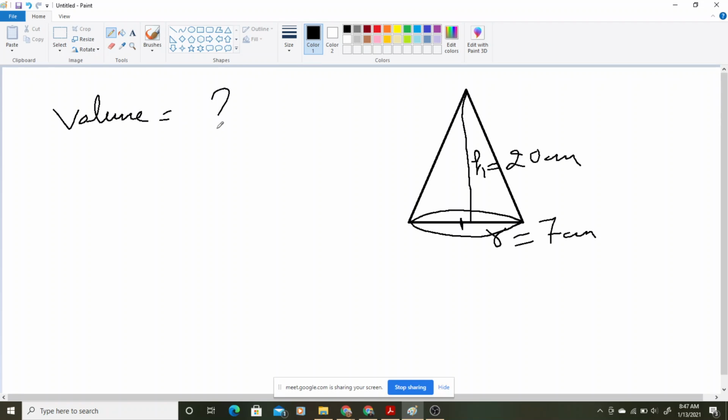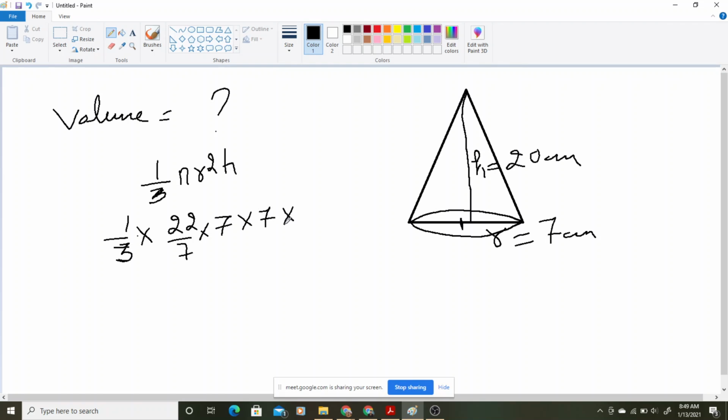The volume will be 1/3 pi r square h, that means 1/3 multiplied by 22/7, multiplied by the radius 7, then again 7, then height 20. 7 and 7 cancel out. 22 into 7 is 154. 154 multiplied by 2 gives 308.